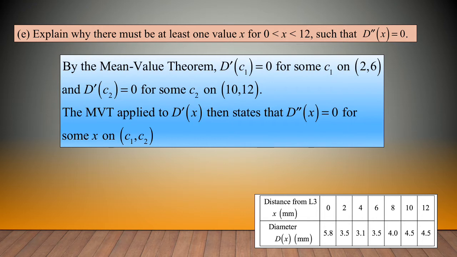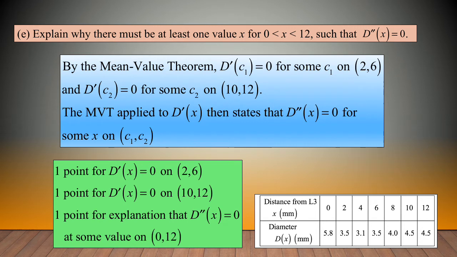And d prime of c2 must also equal 0 for some c2 on (10, 12). So, because the function is twice differentiable, the mean value theorem applied to d prime of x will then state that d double prime of x has to equal 0 for some x on (c1, c2).